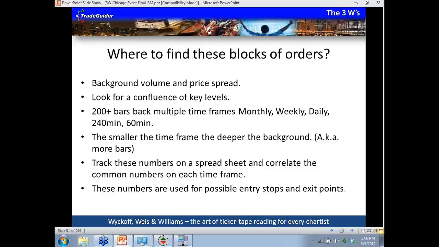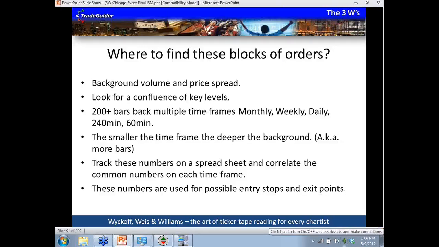So you know exactly what you're looking for, where you're going to want to act. And also it'll give you an idea of where your target will be based on these levels.